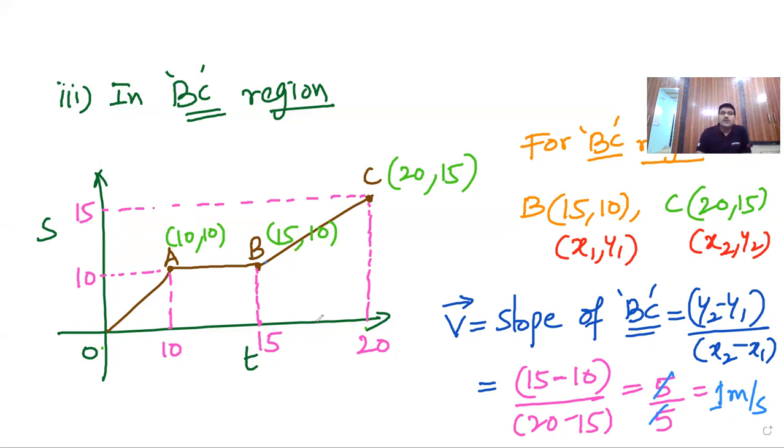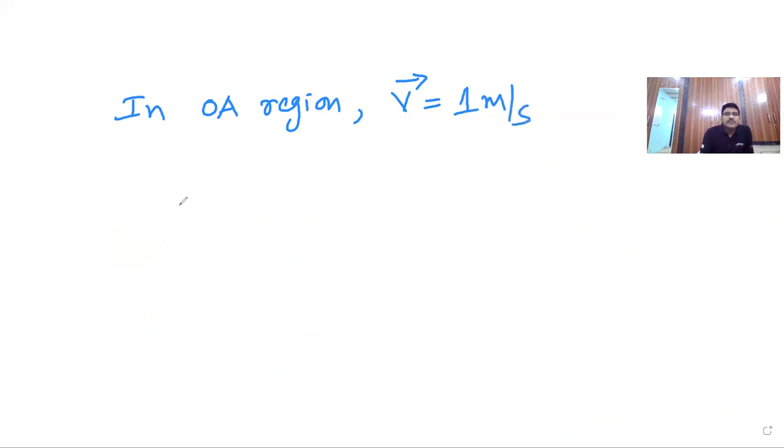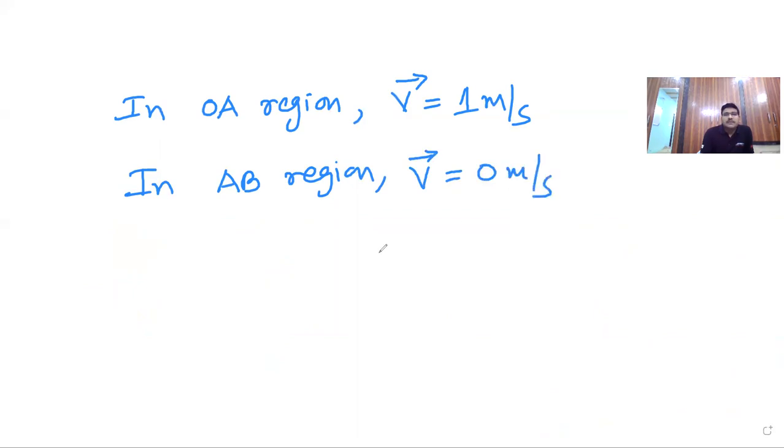Is it clear? So I highlight: in the OA region, the velocity V bar vector is a positive velocity of 1 meter per second. In the AB region, no displacement in that region, hence velocity is 0 meter per second.